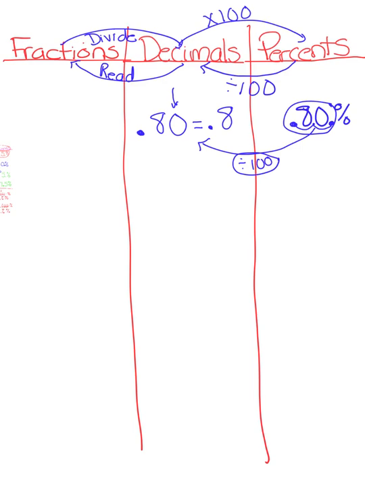Let's take the last step, converting a decimal to a fraction. This is 80 hundredths. As a fraction, you would write it 80 over 100. And this is 8 tenths. As a fraction, you would write 8 tenths.